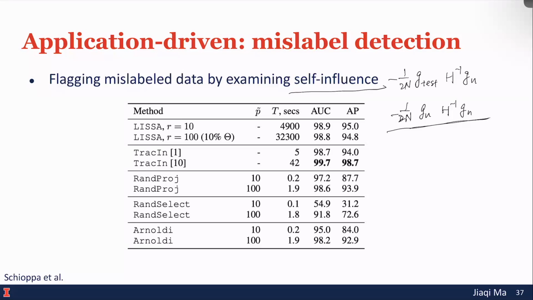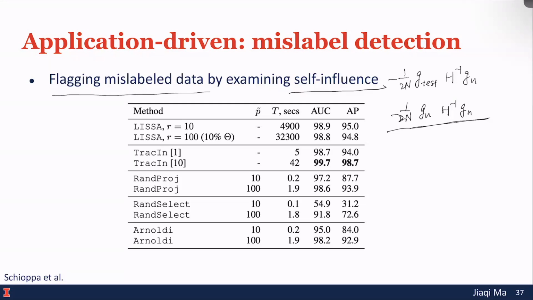You compare the self-influence on all training data points, and if there's some self-influence in absolute value that is super large, that means this training data point is super influential to the predictions on itself. If you remove this data point, the prediction will change a lot. So that usually means this is an outlier data point in the training data set, and you just use that as a heuristic for flagging mislabeled data.